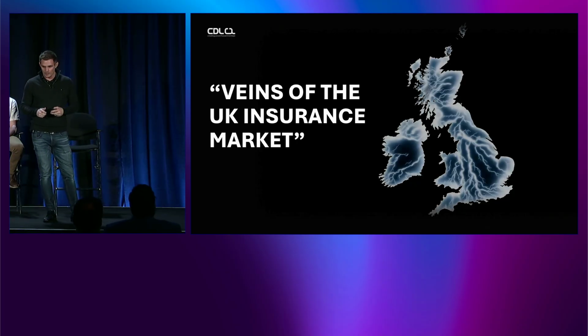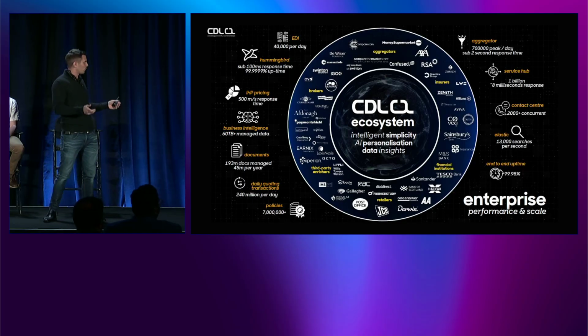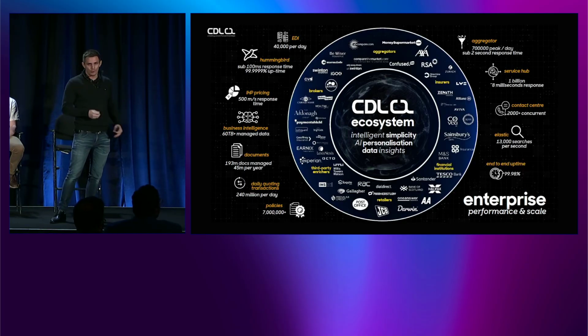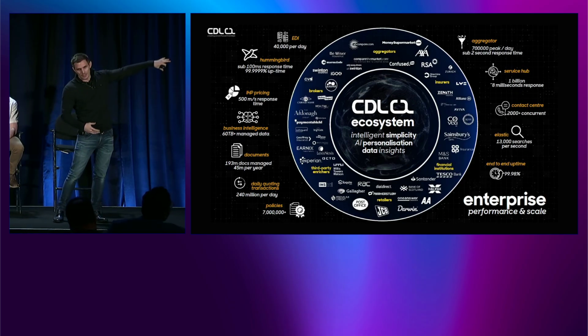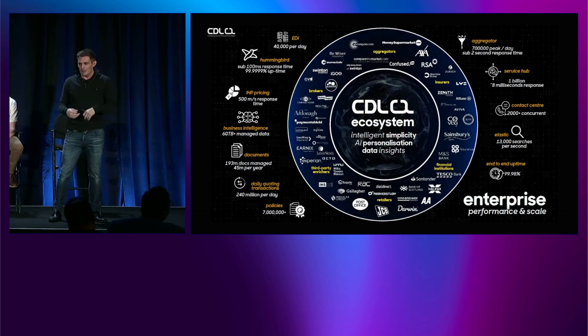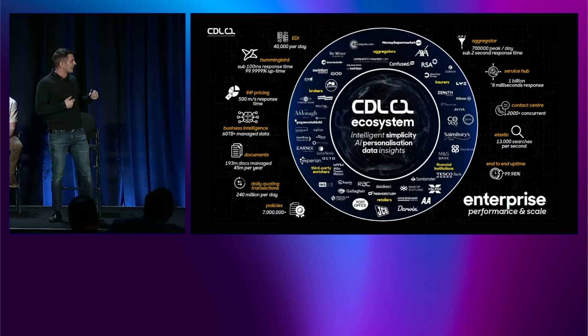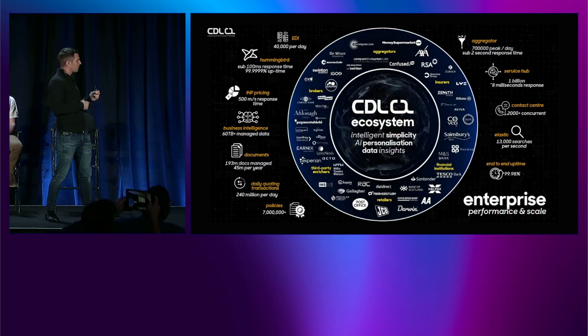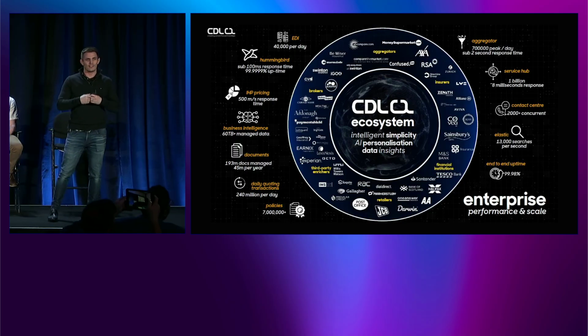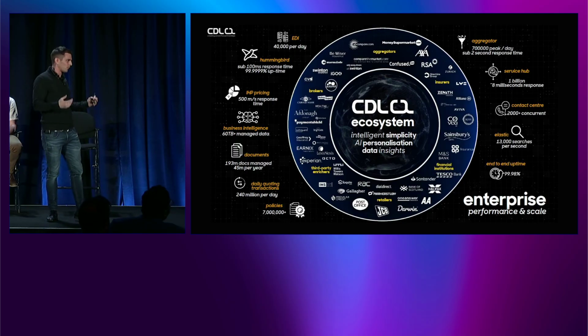Now, I did mention it's an ecosystem, so there's a raft of numbers up there to show the scale that we operate at in the UK. As I said, we're the veins of the UK insurance market. We are the middle of that bubble. Okay? The amount of integration into other systems is vast. Once again, some of it's light touch, some of it is our complete product or our complete service.